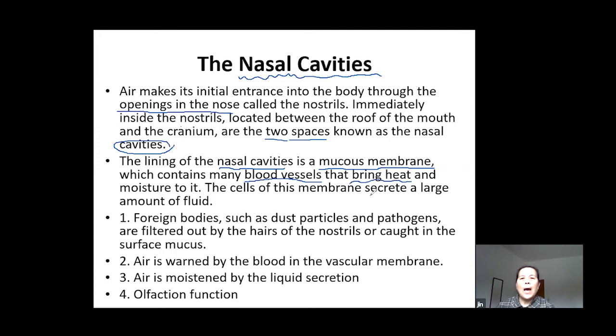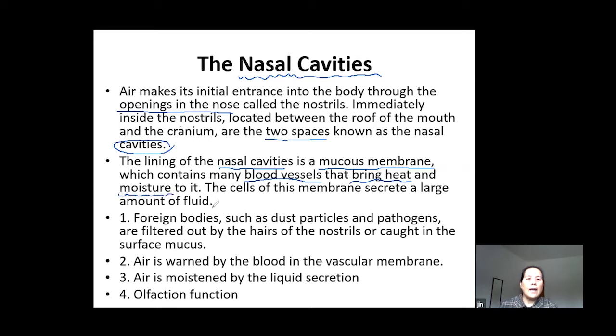Blood temperature is a little bit higher compared with the superficial body temperature, about 1 degree higher. So certainly when blood circulation goes there, it brings more heat. And also moistening to the nose cavity.